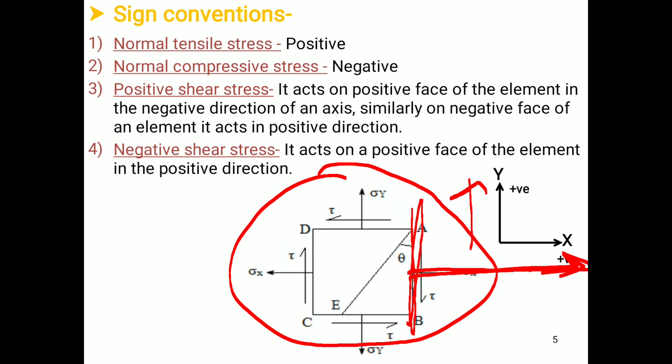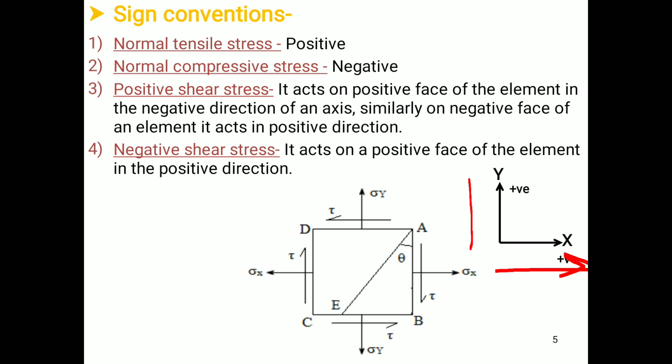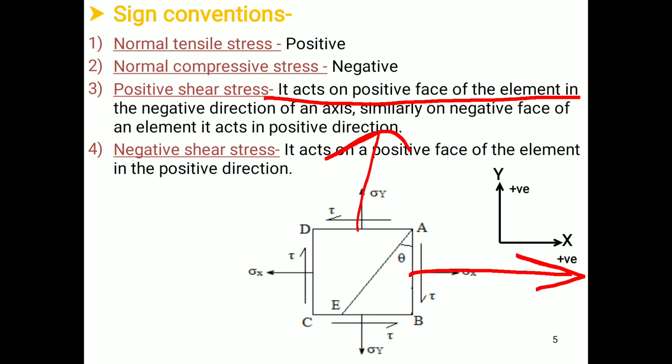Whatever sign convention we have followed for the shear stress, we are going to discuss. It acts on the positive face of the element; this is the positive face along the x direction, and for the y direction this is the positive face. It acts on the positive face of the element in the negative direction of an axis. This is the positive face, but it acts along the negative direction.